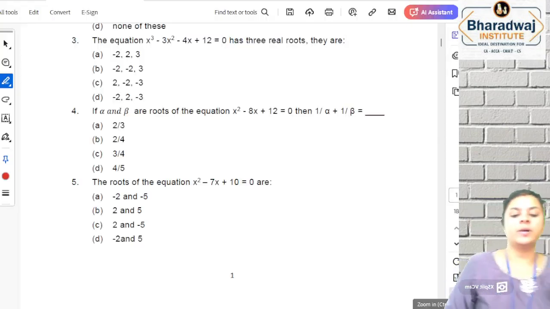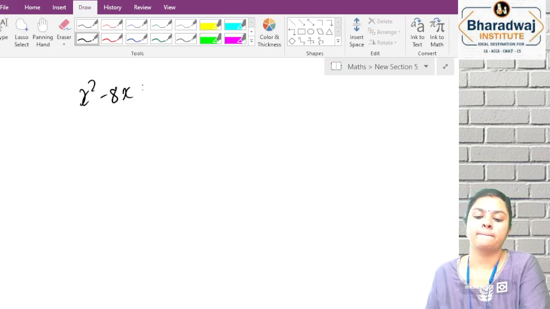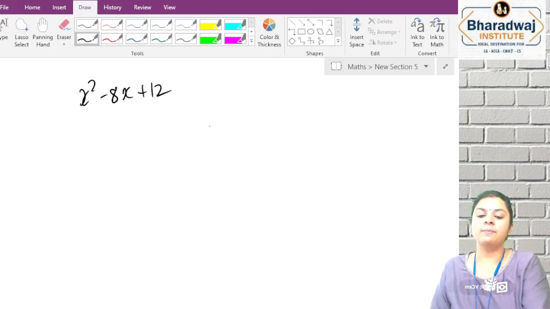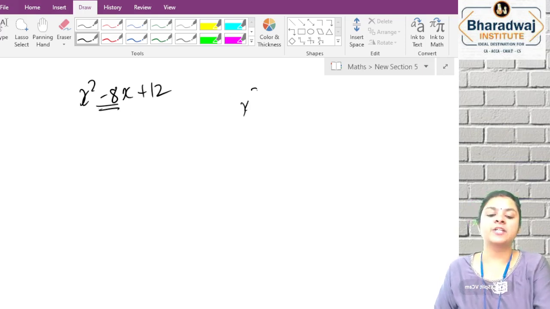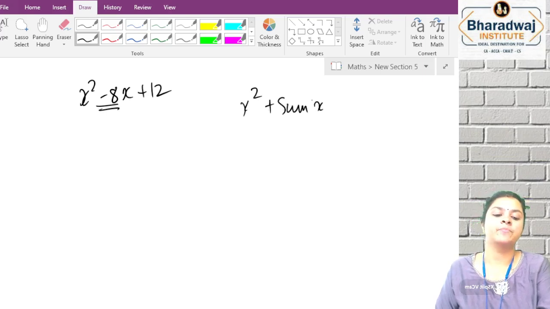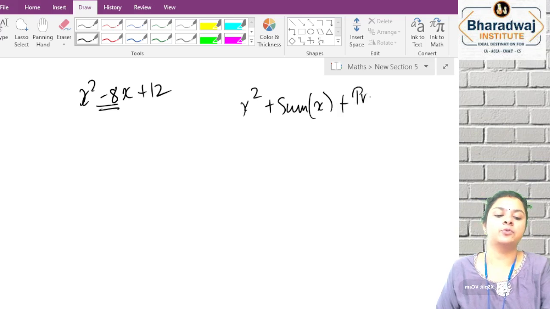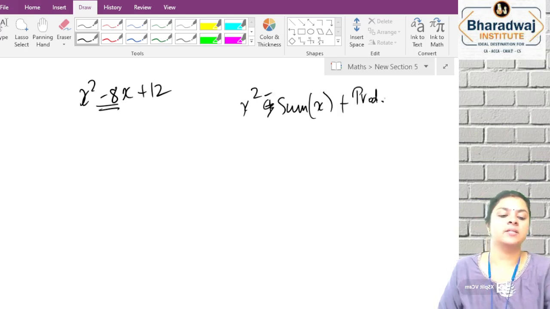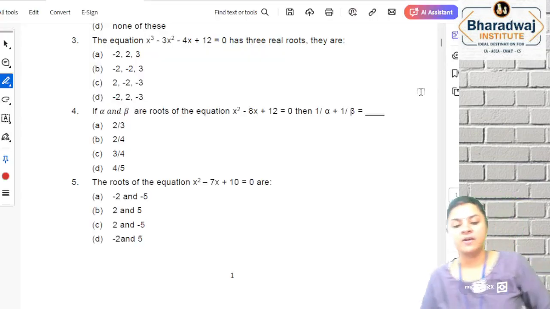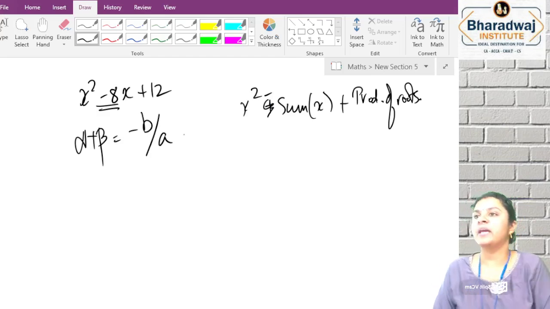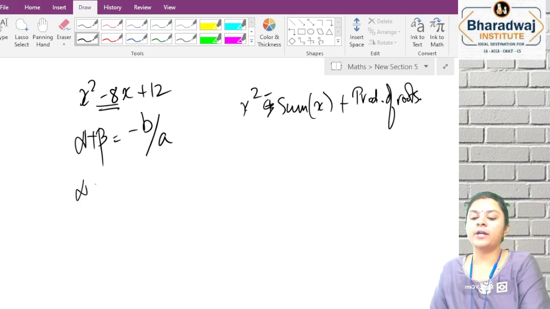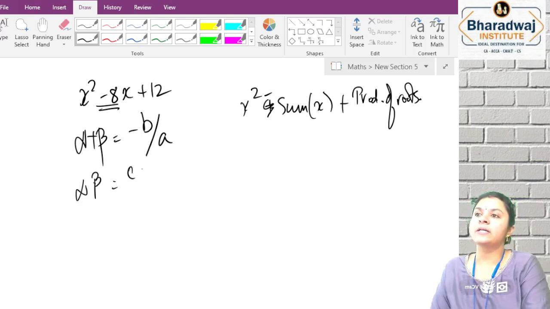The equation is given as x square minus sum of the roots into x plus product of the roots. In other words, sum of the roots alpha plus beta is equal to minus b by a, and product of the roots alpha beta is equal to c by a.